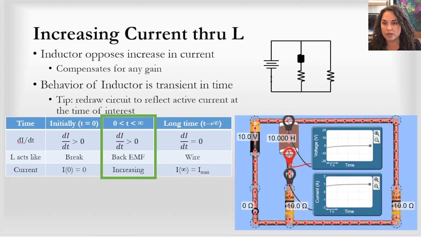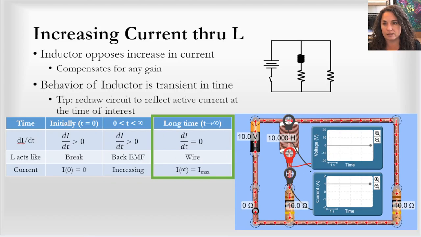As it goes through time, it's continuing toward infinity. We can see that the current is going to go towards a maximum value, and the voltage over the inductor is going to go to 0, which brings us to the last portion of this analysis.